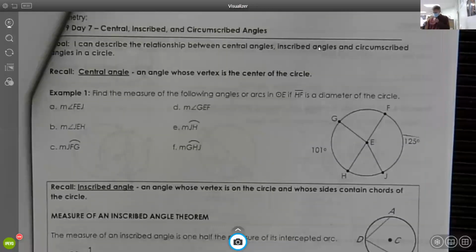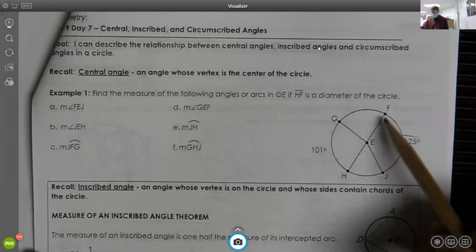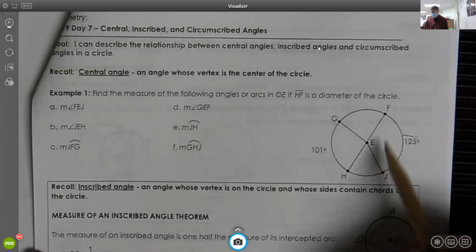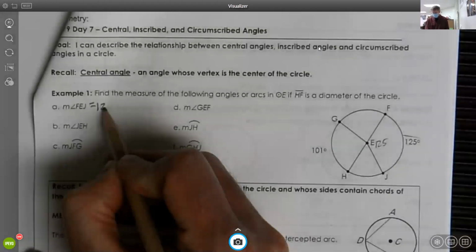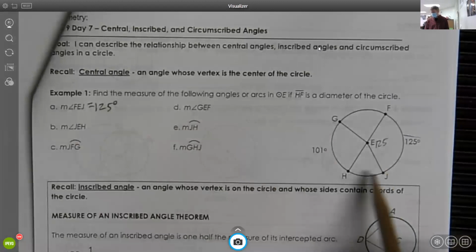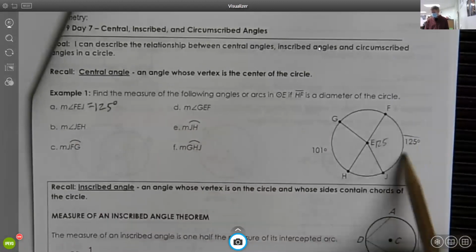When we look at the first one, FEJ is going to be 125. The central angle touches at F and J, so it's going to be 125 degrees. JEH is the rest of the semicircle, the rest of the 180, half a circle.